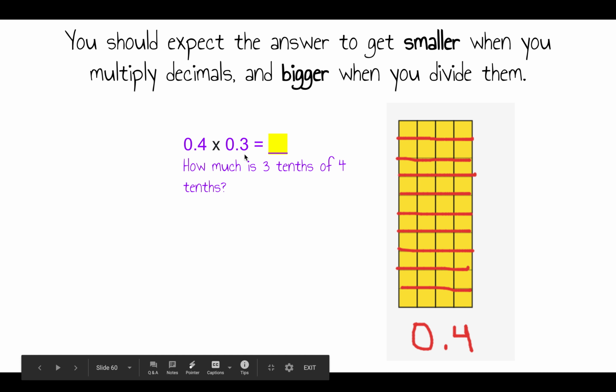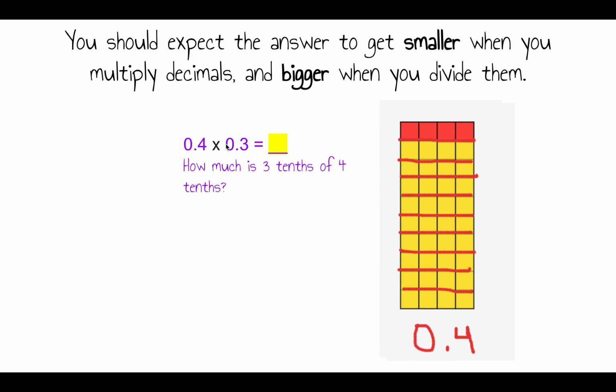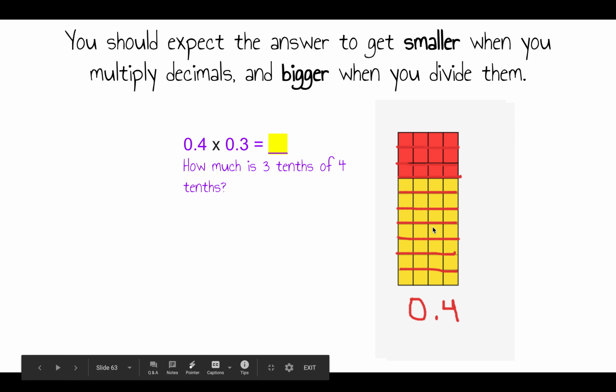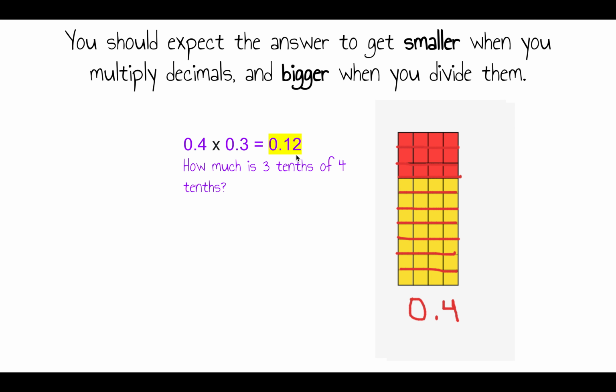And I know I need to find 3/10 of it. So I'm going to do 1, 2, 3 of those tenths of the 4/10. And I can see that that's 12/100. So my answer, the red part, is smaller than 4/10 because I found a decimal of 4/10.